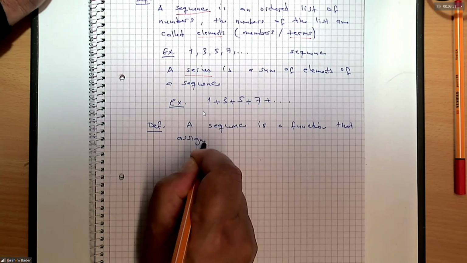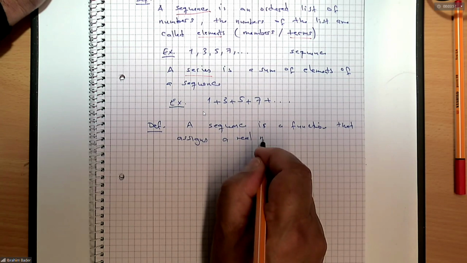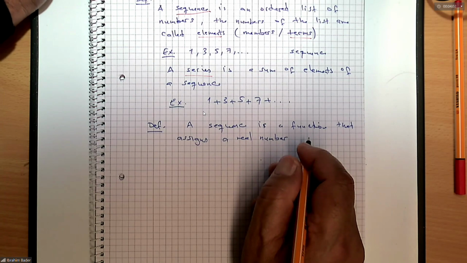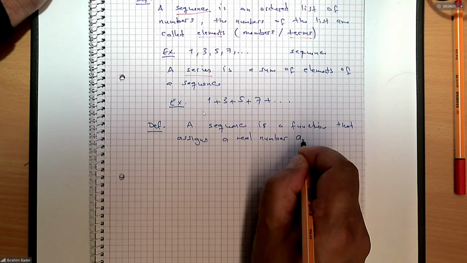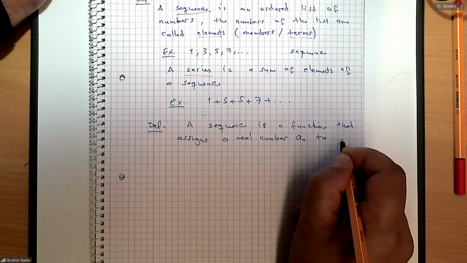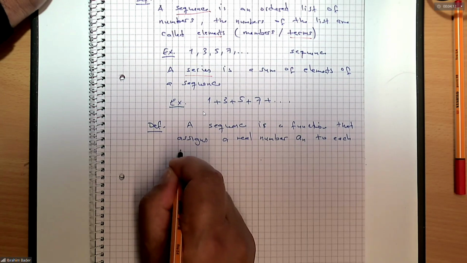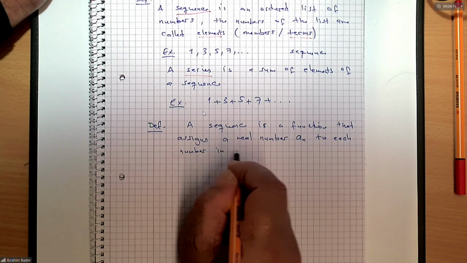It assigns a real number, let's call it a sub n, to each number in the whole numbers.